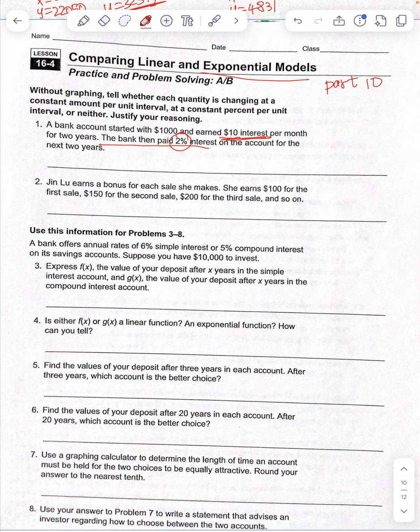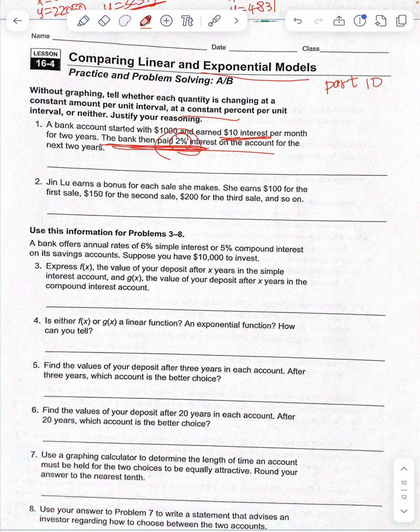So it's a constant change. But then the second part, the change is 2% interest. So it's different.